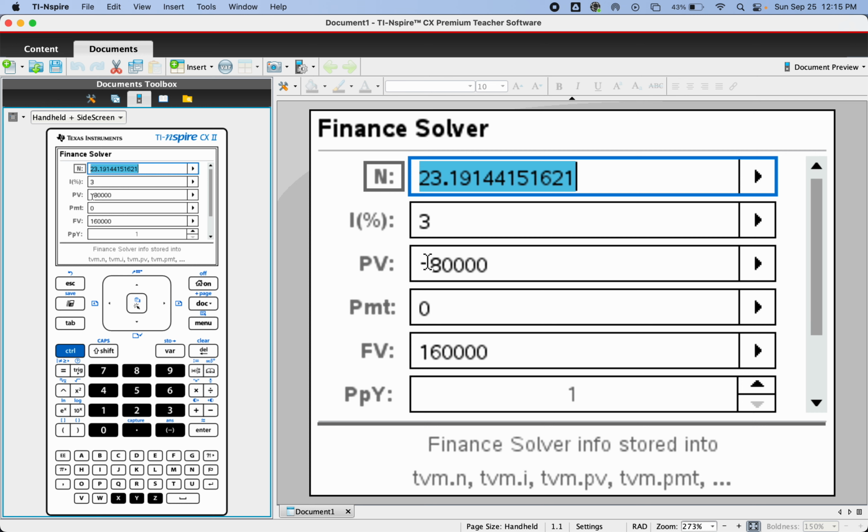But just remember also, this present value you're going to put in as a negative because you're actually giving that money away. The future value comes out as positive because that's what you're receiving back.